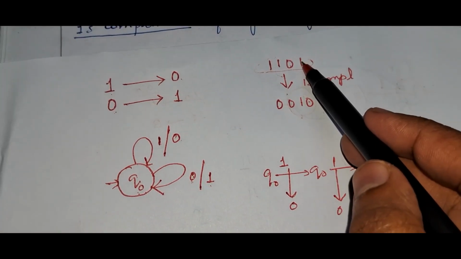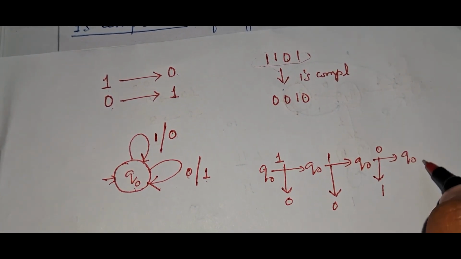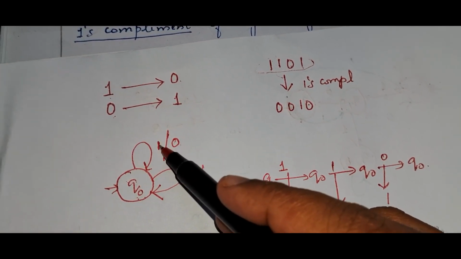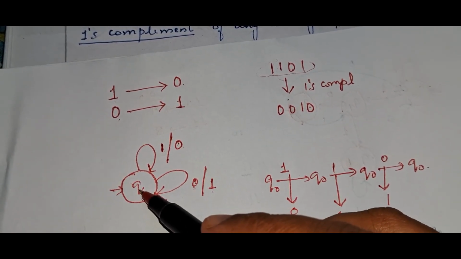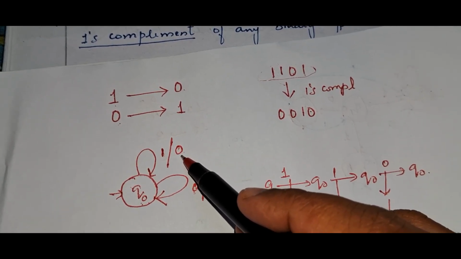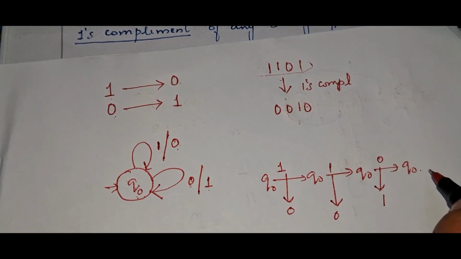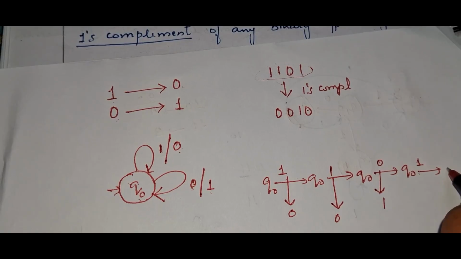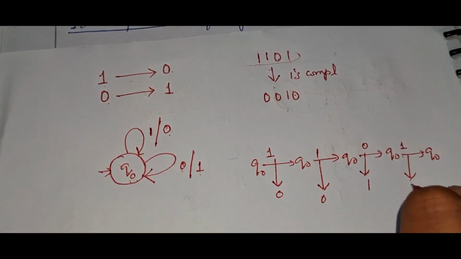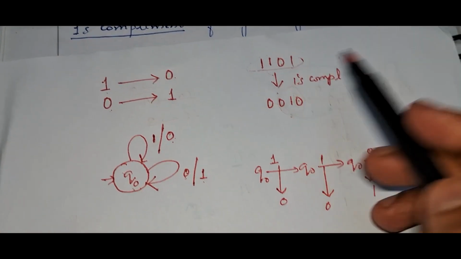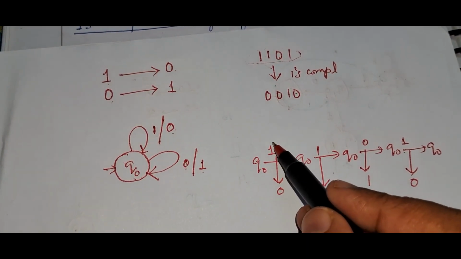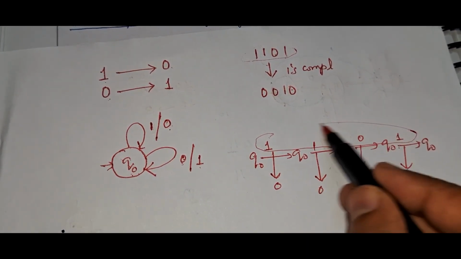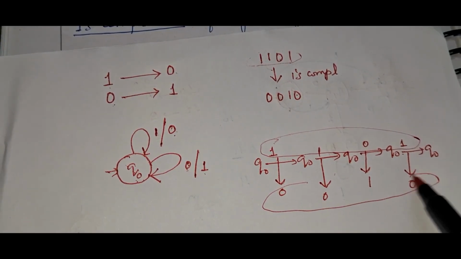Then the next input symbol is 1, so it moves to Q0 and outputs 0. This is the last bit. So when the input is 1, 1, 0, 1, it produces the output 0, 0, 1, 0.